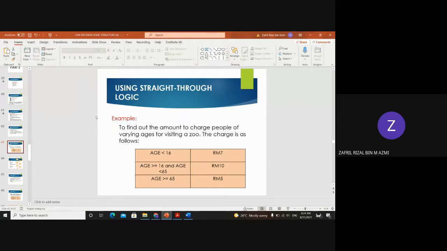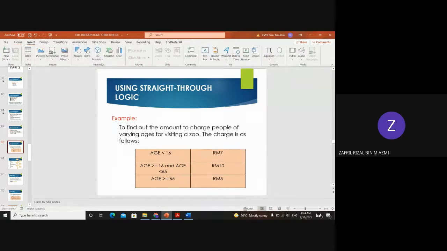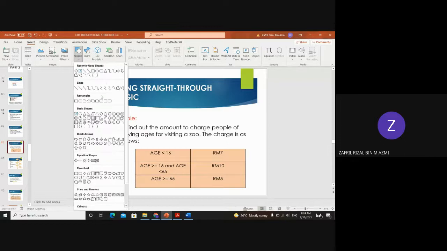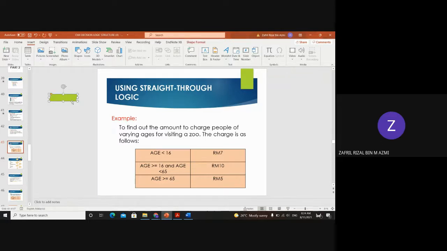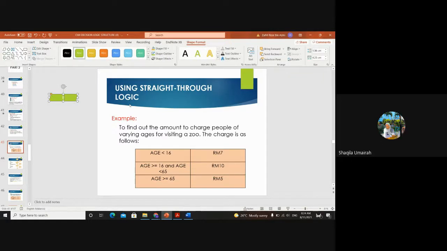How many decision symbols must we use, class? What is the input, class? Input is age. This one is very easy. We need to have age so that we can create the decision. So the first decision is? Age less than 16. Good.